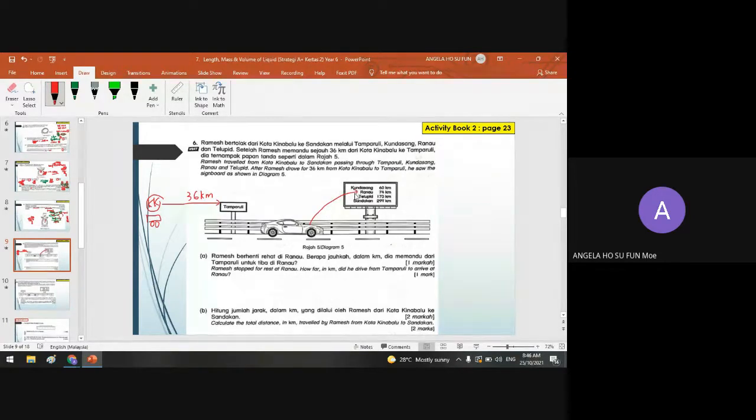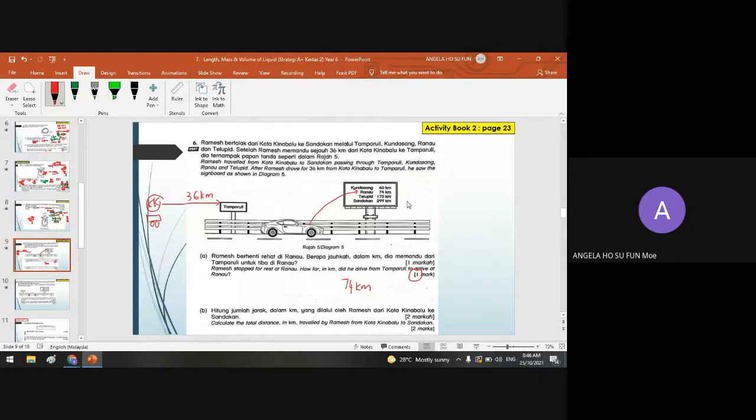How far is it? 74 kilometer. Straight away you can see from here, from Tampaluri, go to Ranau, you still need 74 kilometer. So if you just write down 74 kilometer, then done. You get this 1 mark already.